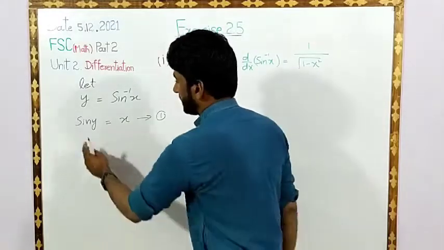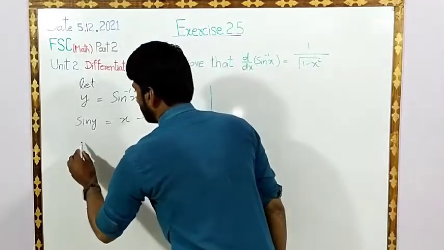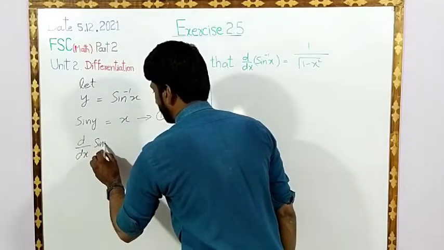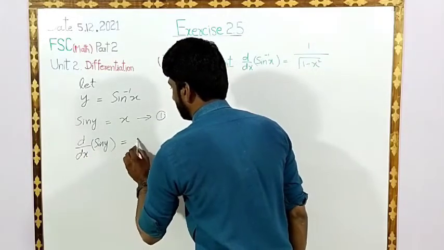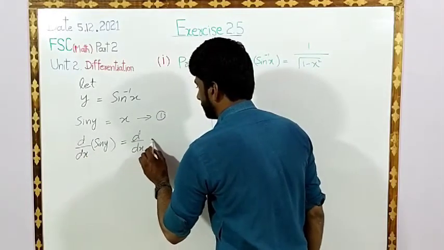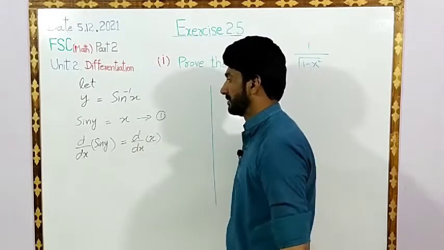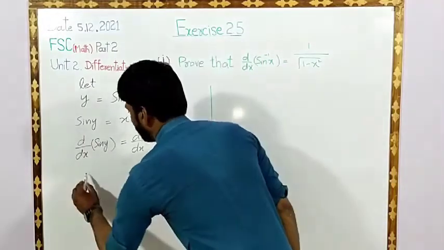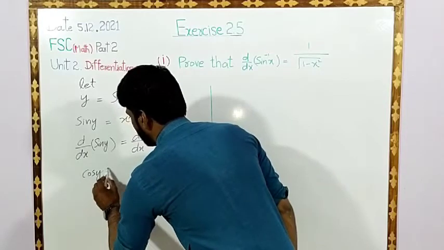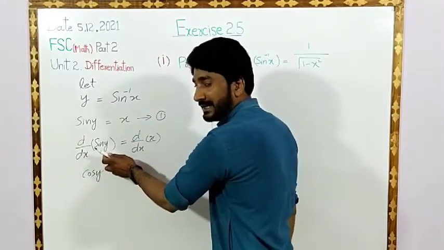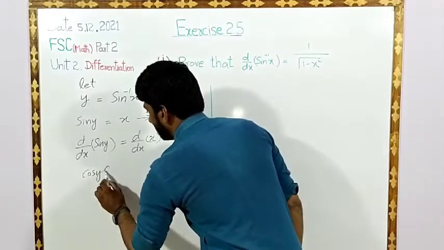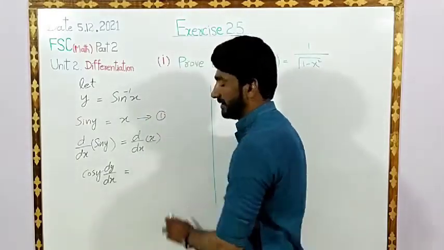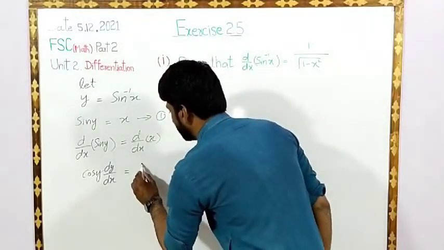Now we apply the derivative with respect to x on both sides: d over dx sin y and d over dx x. When the derivative is applied on the sine function, sine changes into cos y. When the derivative is applied on the angle y, it becomes dy over dx. And the derivative of x with respect to x is 1.